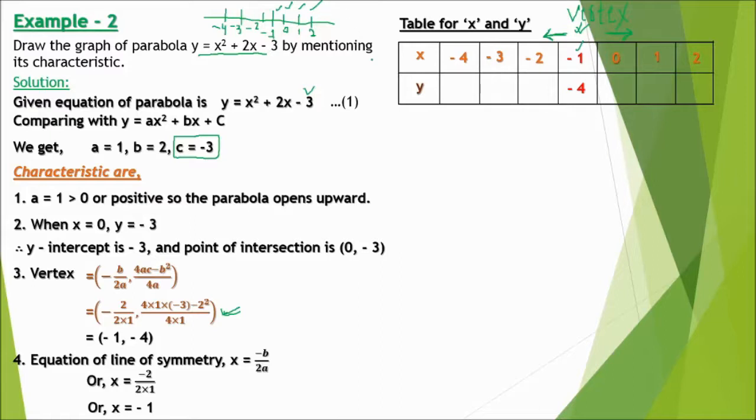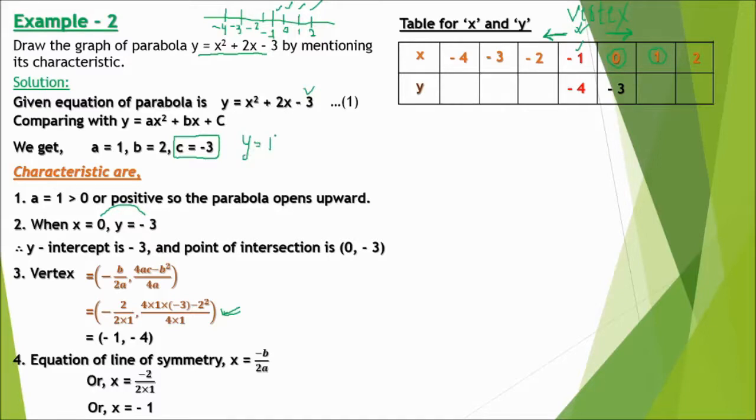Now we have to substitute the value of x as 0. If we substitute the value of x as 0, then we get -3. Isn't it? We get -3. We have already seen 0, -3. And if we substitute the value of x as 1, what do we get? You can check here. It will be 1 square. You can do a rough calculation like this for each and every value.